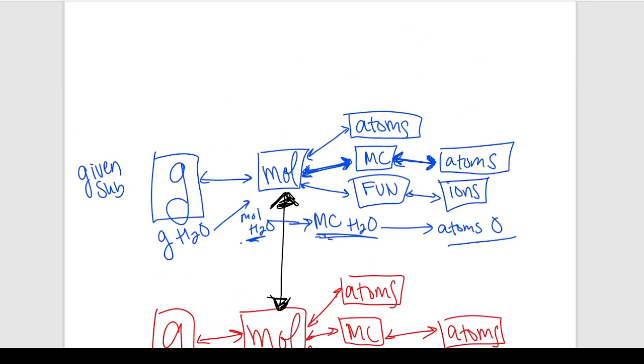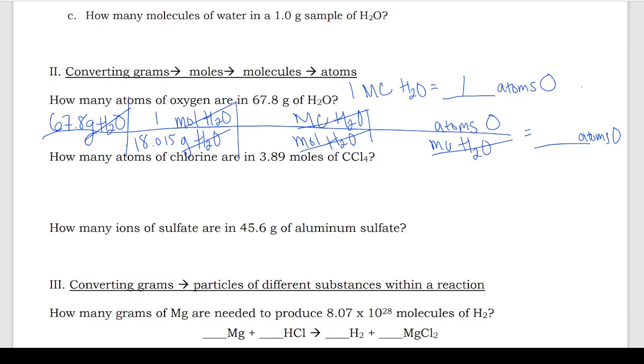Oh, 6.02, yes, sorry. 6.02 times 10 to the 23rd. That number is Avogadro's number. That goes in front of what unit? Yes. So 6.02 times 10 to the 23rd molecules. How many moles is that equivalent to?